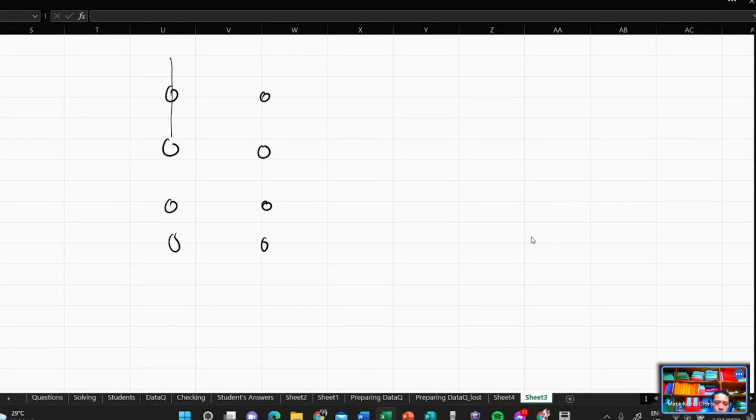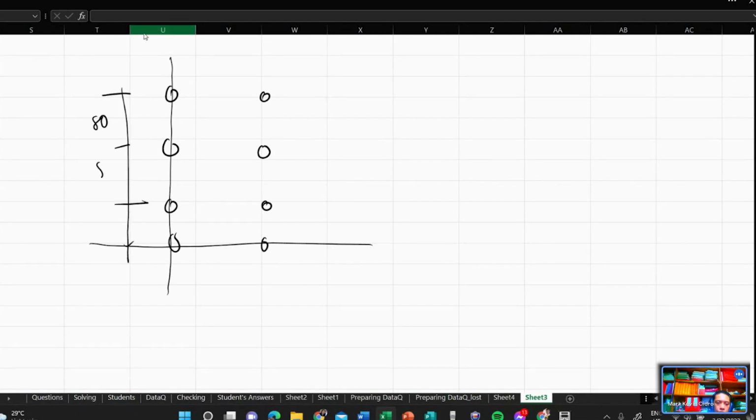Then assume this is your y axis and this is your x axis. Take note that this distance is 80, 80, 80, and this one is 100. So input here 1, 2, 3, 4, 5, 6, 7, 8.